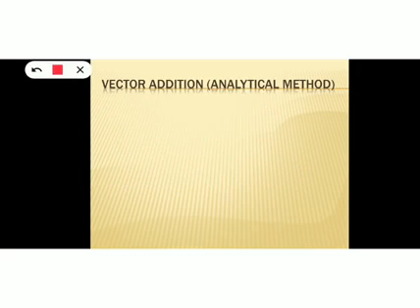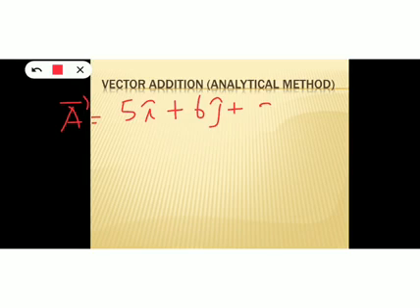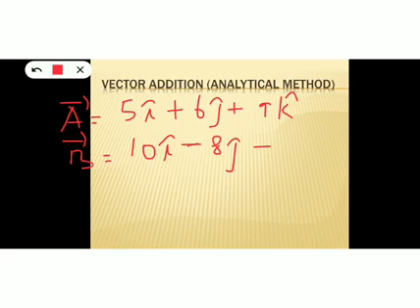Now consider another example. Vector A is equal to 5i plus 6j plus 9k, and vector B is equal to 10i minus 8j plus 4k. Then what will be A plus B?